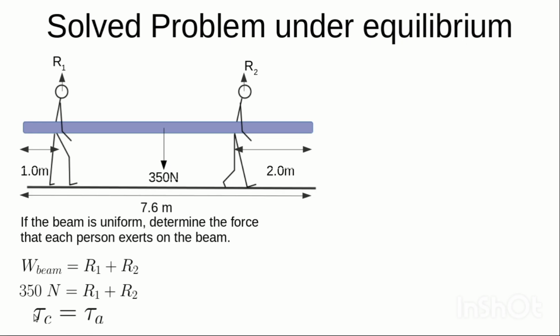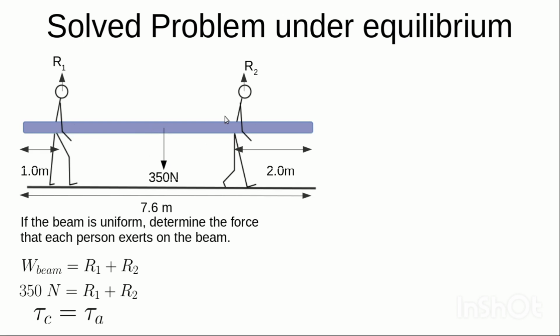Now, to generate the equation for this expression, we have to assume that there is a turning point at this point or at this point. But let's take this one as the turning point. If there's a turning point here, the clockwise torque is given by the weight of the beam times the perpendicular distance from here to this turning point.